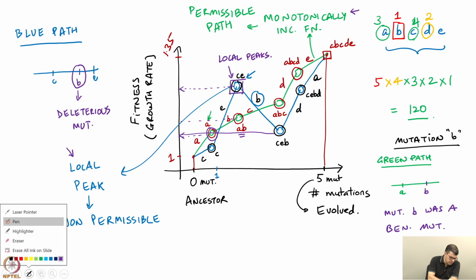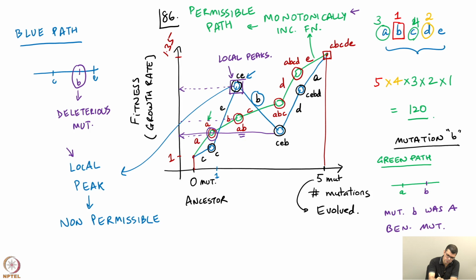And what they record is that out of 120, 86 paths belong to the green category and the 34 remaining paths belong to the blue category, which means that in this landscape most of the paths are adaptive in nature, that means they are permissible in a Darwinian sense, whereas a much smaller number, roughly 30% of the paths, are not accessible via Darwinian fitness.